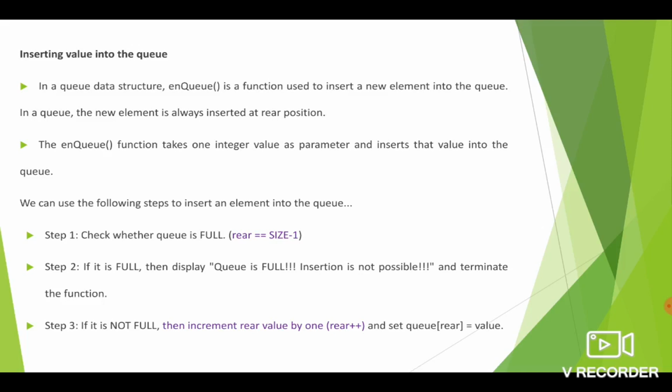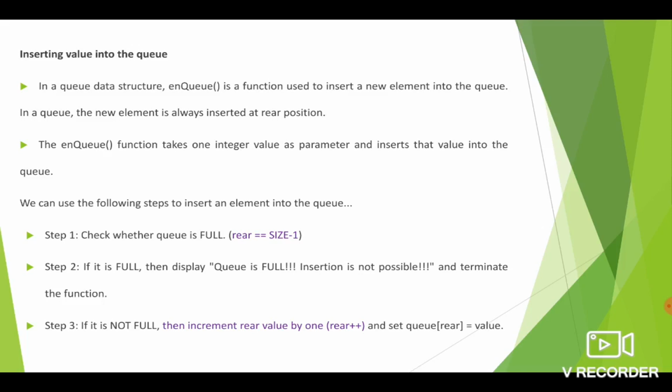You can check for a full queue with the condition rear equal to size minus 1. Here the size indicates the maximum array size, that is the queue size. Why have I given size minus 1? Because the index starts from 0. We assume that the index starts from 0, that's why we have given it like that.